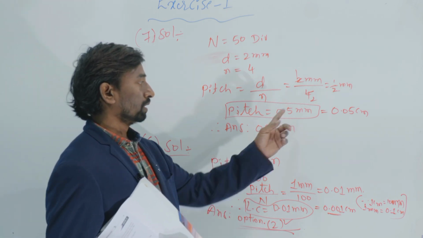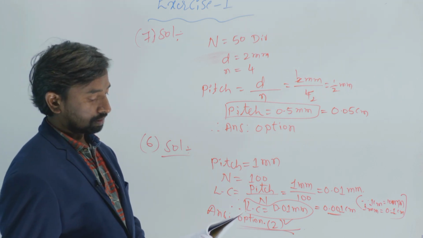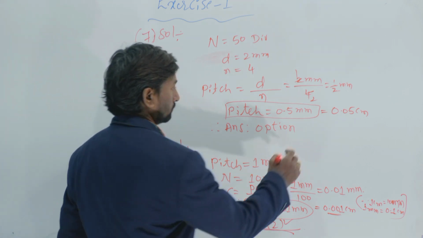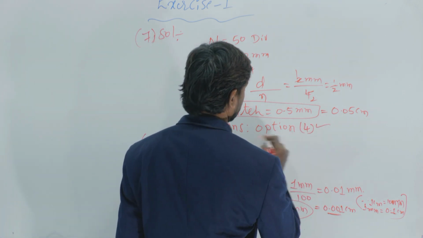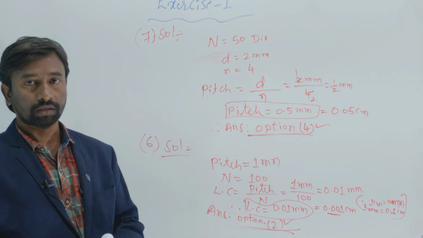If you multiply by 0.1, it will come to 0.05 centimeters. So the correct answer is option 4. Option 4 is the correct answer.